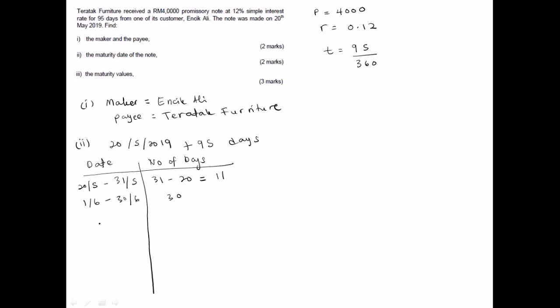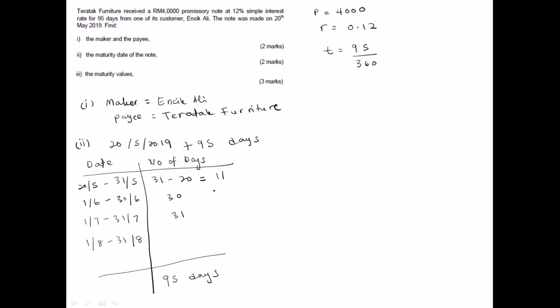July, 31 days in July. August, also 31 days in August. Okay, but we want the total number of days to be 95.